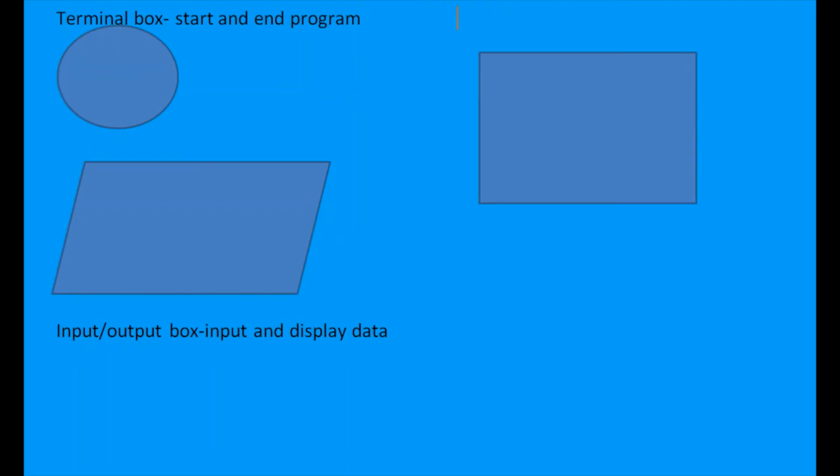Now this is a processing box. What the processing box does is, like, if you want to find the area of a triangle, you write the formula. That is what we include in the processing box. It simply indicates calculation only.